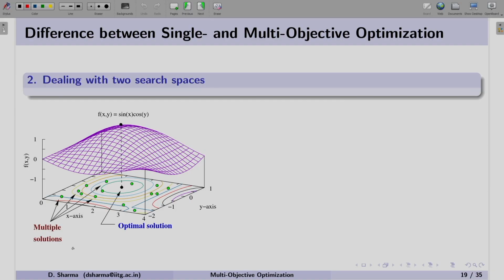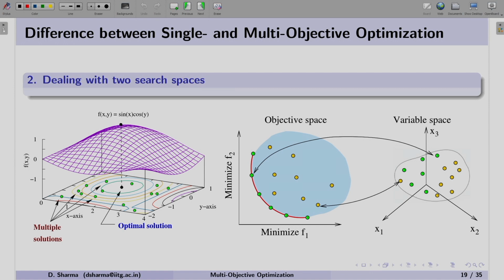In single objective, this figure is familiar to us. In this case, suppose we want to maximize our objective function and we have two variables, say x and y. So, we always look in x and y and we try to find out our optimal solution.